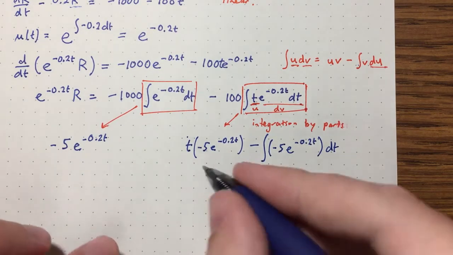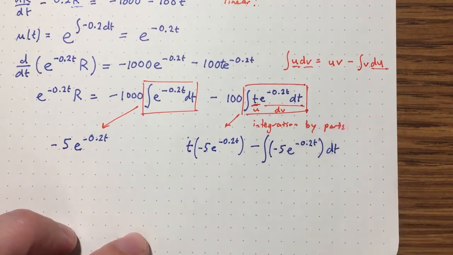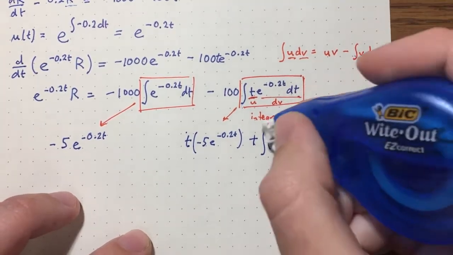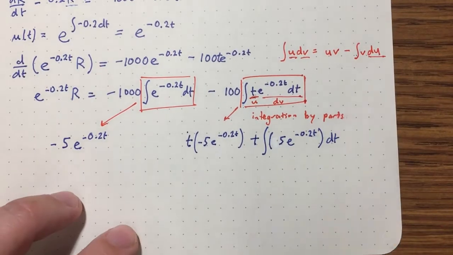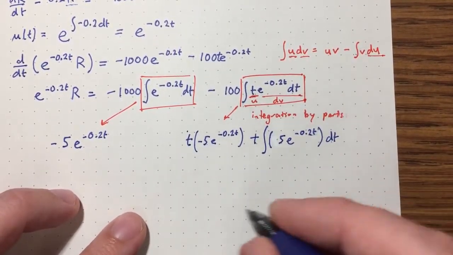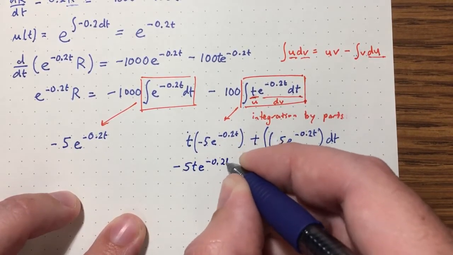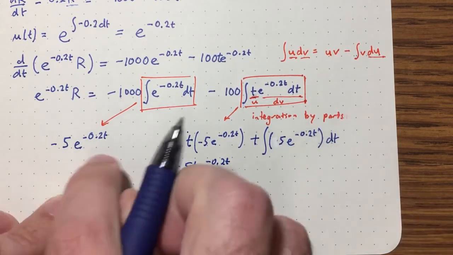And let's write down what this ends up being. So we have minus a minus, right? So that's just going to become plus. I'll get rid of that little minus there. Okay, and so we have negative 5t e to the negative 0.2t. And we have to integrate this again. I mean, we already did that.